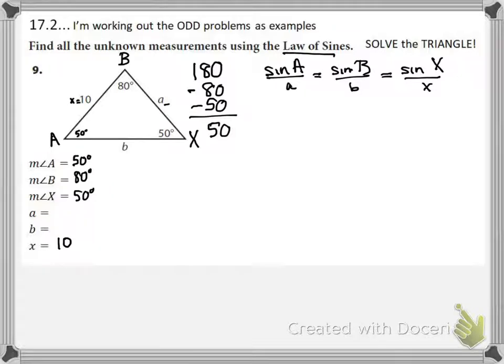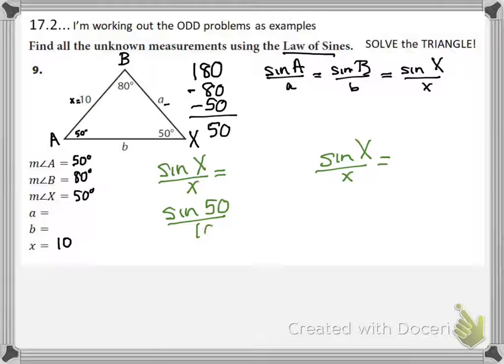So I'm going to set up to find those two sides. And I'm going to be using sine x over x for both cases. Sine capital X over lowercase x. Which means I'm going to use the sine of 50 over 10.